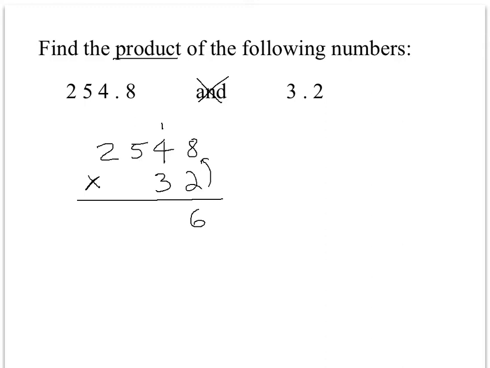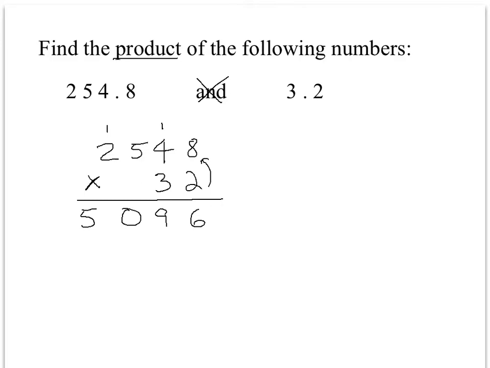Then I multiply 2 times 4, that is 8, but then I got to get that 1, so I carry my 1. So 2 times 4 is 8, plus 1 is 9. Then I continue, and 2 times 5, that is 10. I'll write down my 0 and carry my 1. And 2 times 2 is 4, plus 1 is 5.